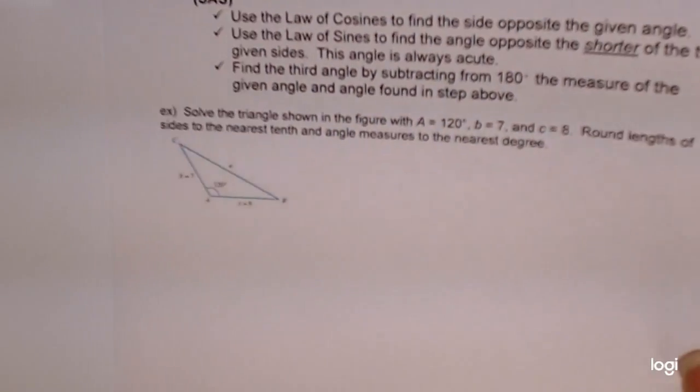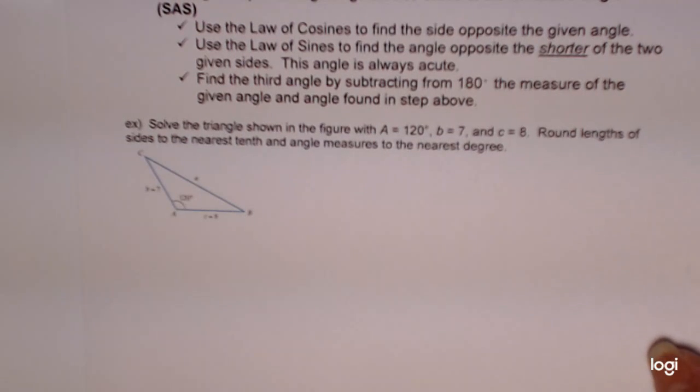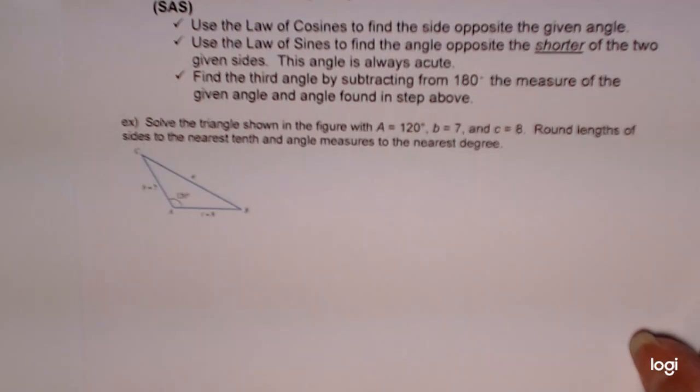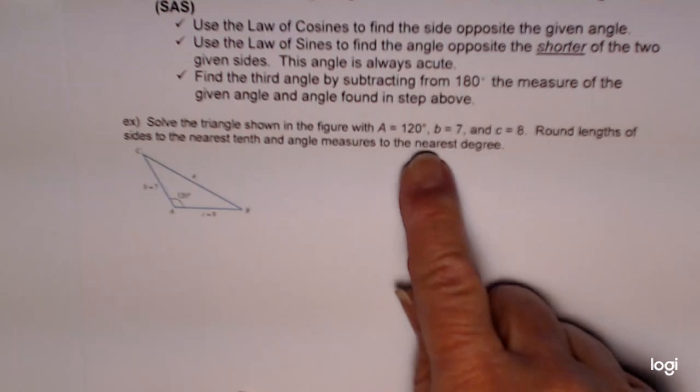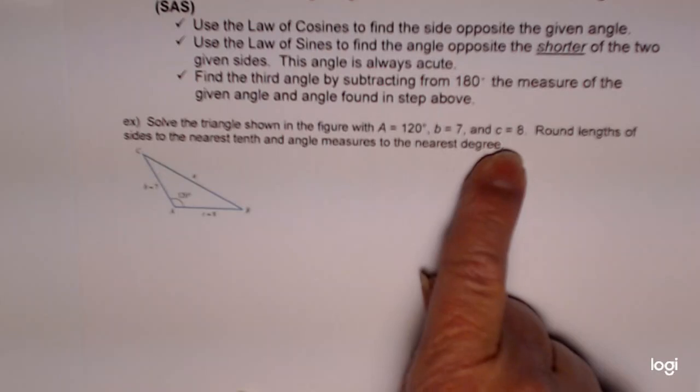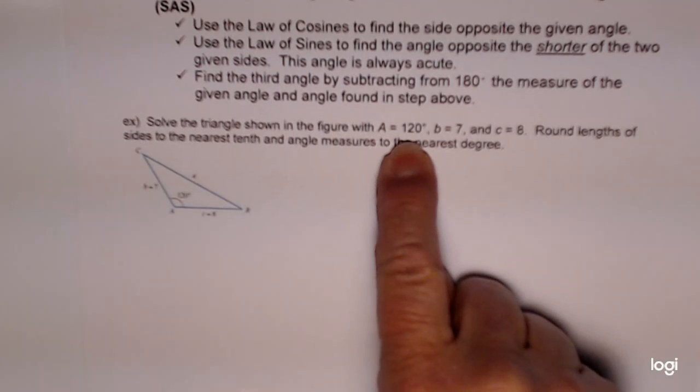Let's take a quick peek at the example we're going to be working on, just to show you why we need this new law of cosines. Here, we're given an angle A, and we're given sides B and C, and we want to find the rest of the information for this triangle. However, A is 120 degrees.